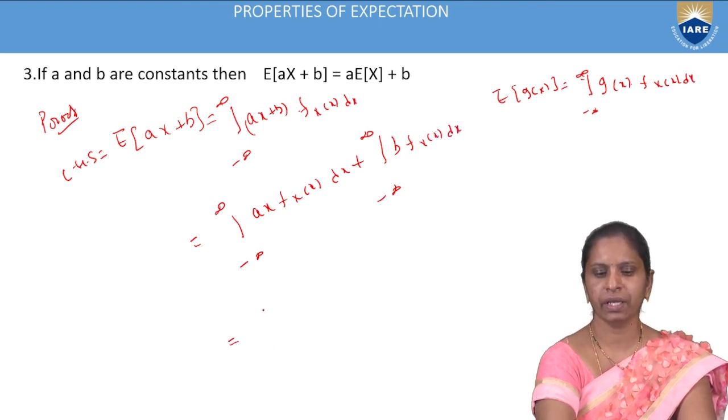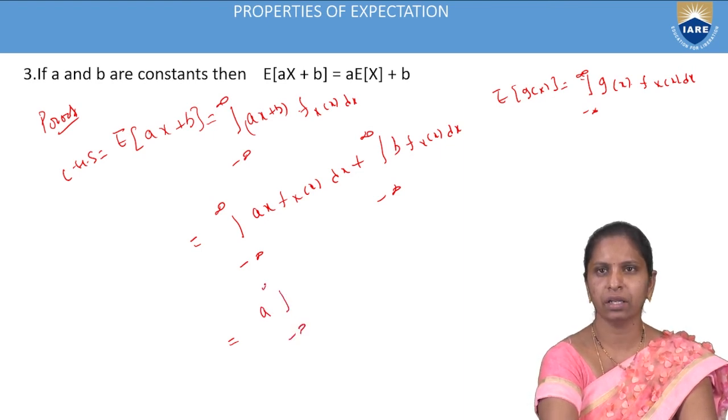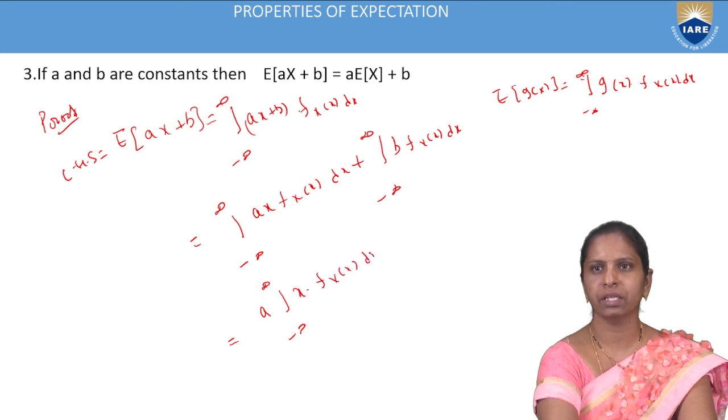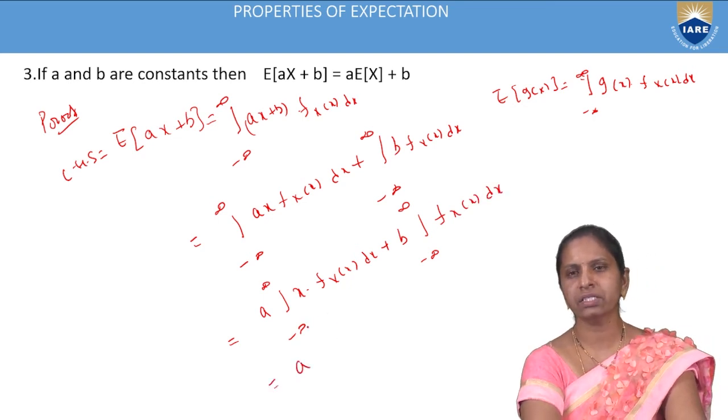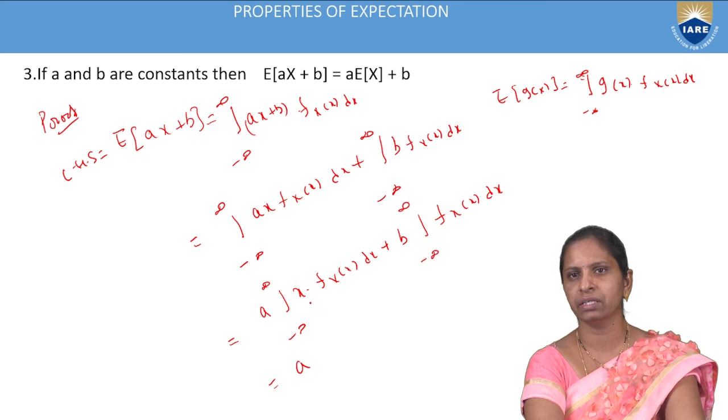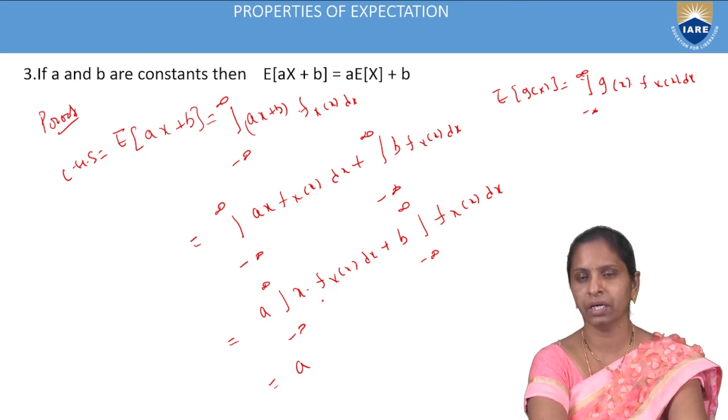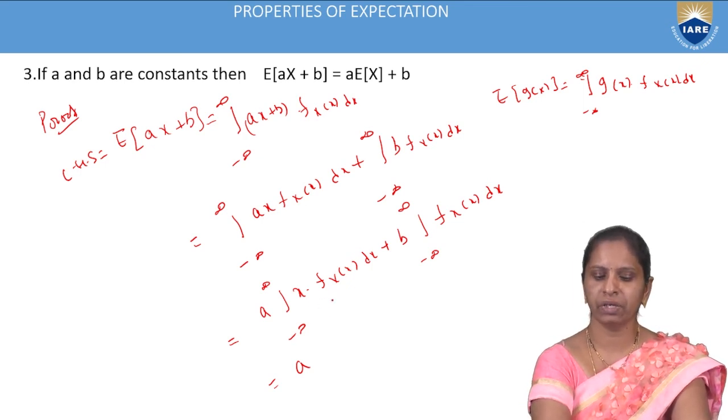A is a constant, bring it outside, so a into the integration of x into f of x dx. Here b is a constant, you can bring it outside, so plus b into the integration of f of x dx. Then it equals a into, and the integration of x into f of x is nothing but the expected value of the random variable X.